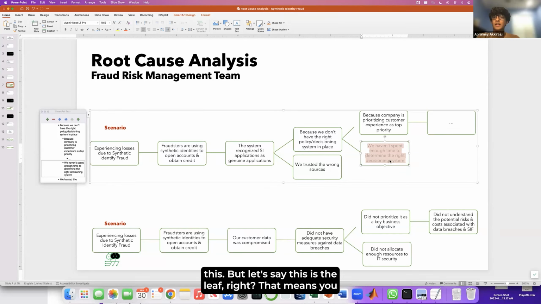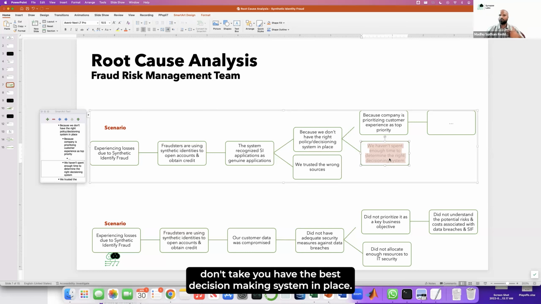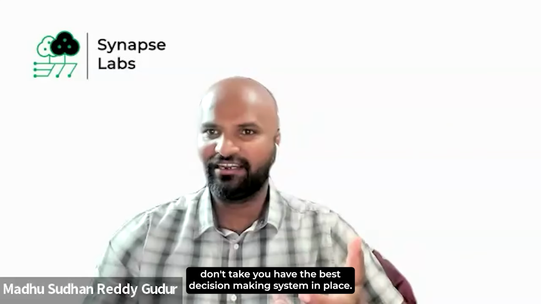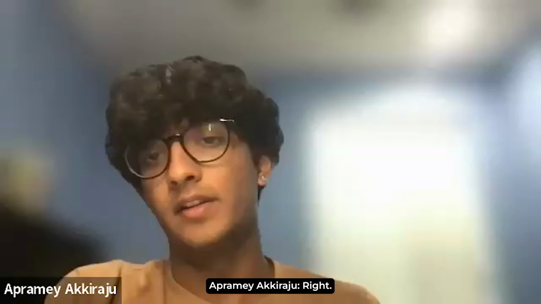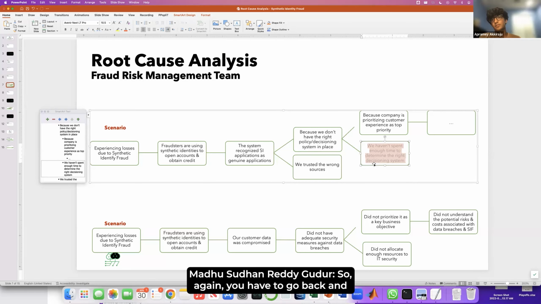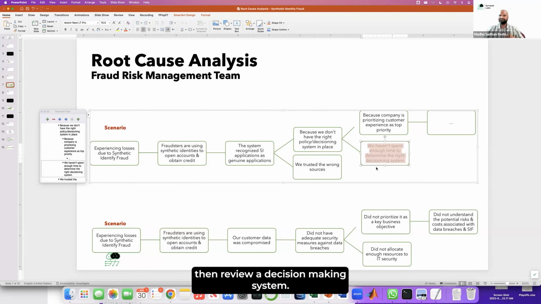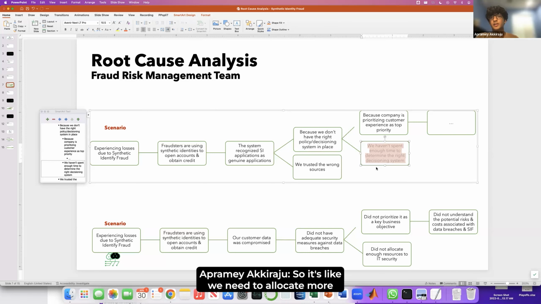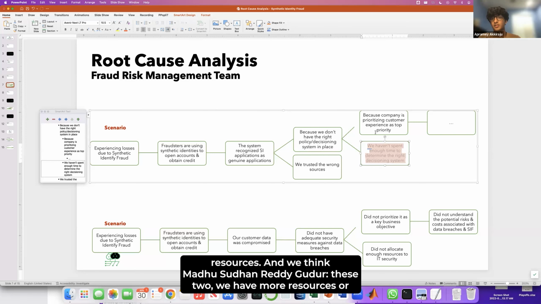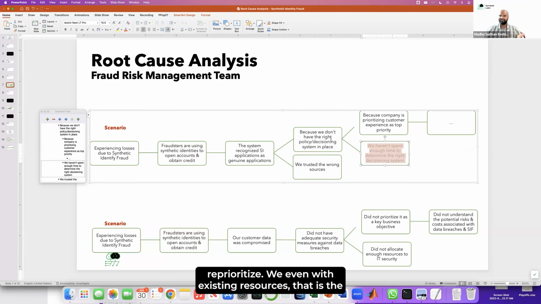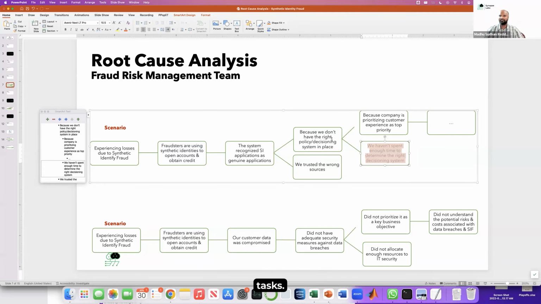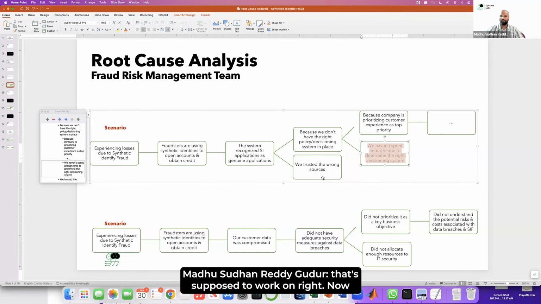That means you don't think you have the best decision making system in place, so you have to go back and review it. It's like we need to allocate more resources, or even with the existing resources, reprioritize the tasks that they're supposed to work on.